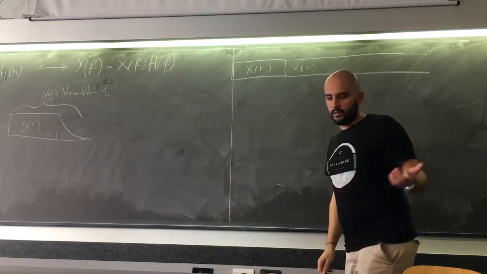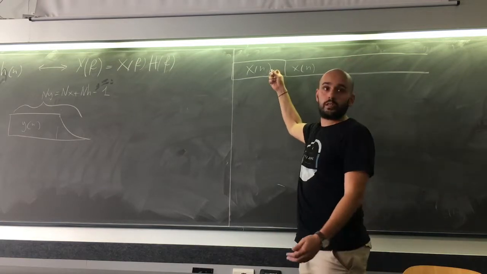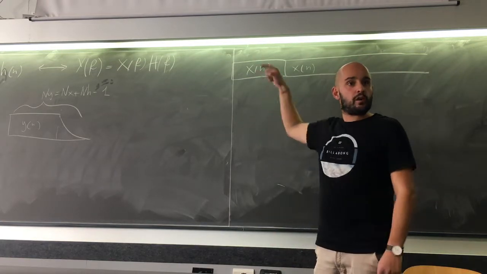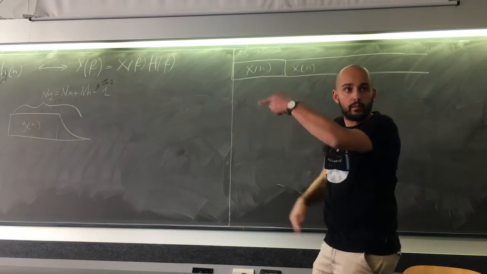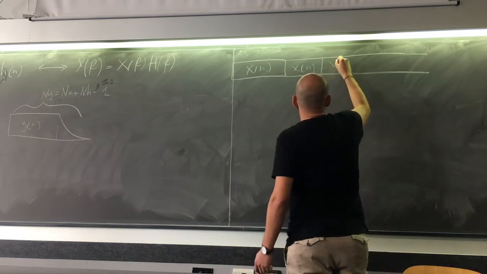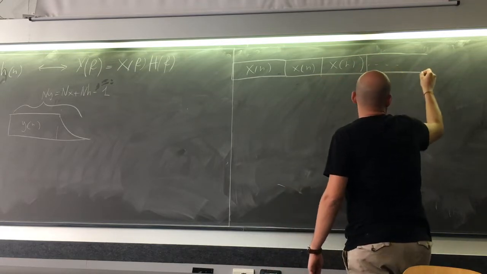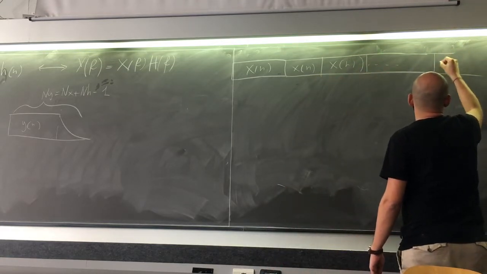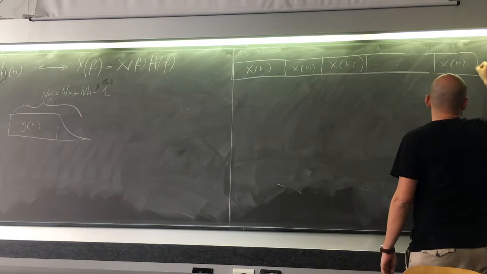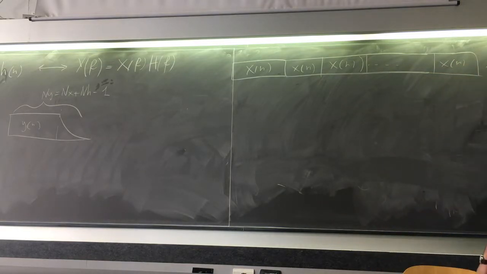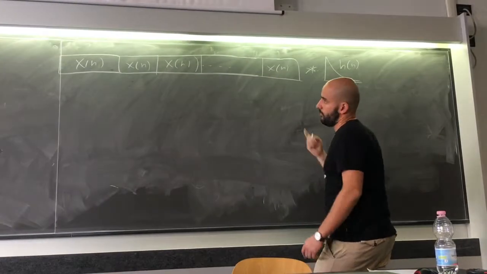It is a cyclic convolution because the output of the signal is overlapping with the input of the other one, so it's like coming back. You can think of it as just taking a periodically extended version of the input signal, and then again you convolve with H of n.